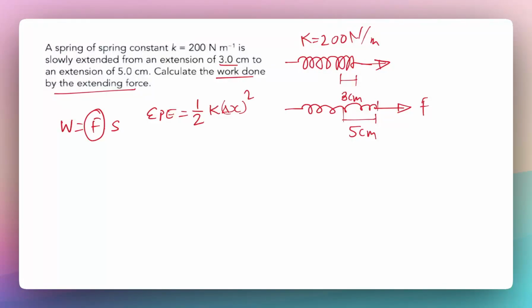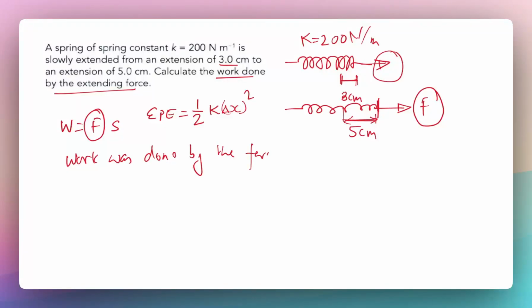So the spring was earlier extended by 3 centimeter and now further extended to 5 centimeter. The work done by the force has actually got to increase the potential energy, right? So whatever work was done by the force F, right, that lead to increase in the potential energy of the spring, okay?